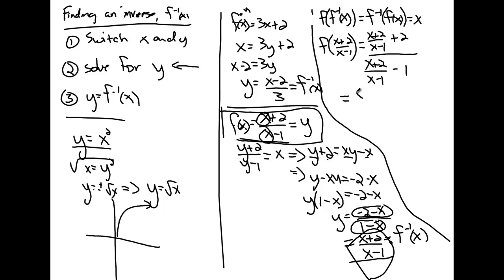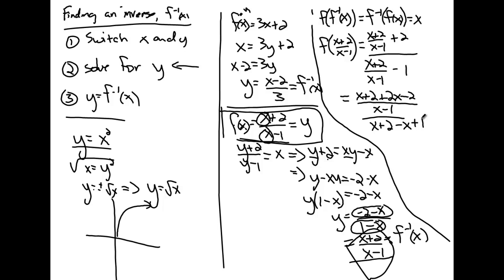This turns into x plus 2 plus 2x minus 2 over x minus 1, and then over x plus 2 minus x plus 1.